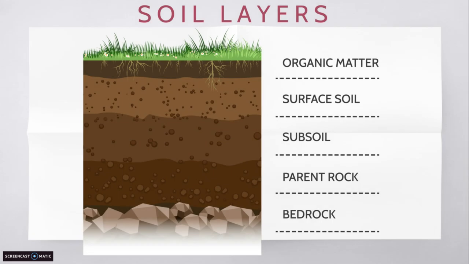Now, to understand why soil management is important, you need to first know about the structure and function of fertile soil. The first important thing is that it can take hundreds of years to form just a few centimeters of new soil.